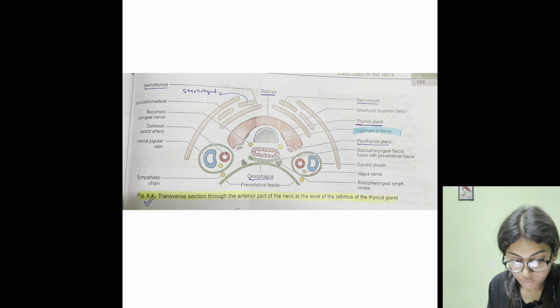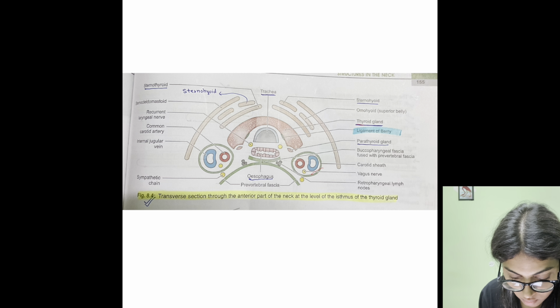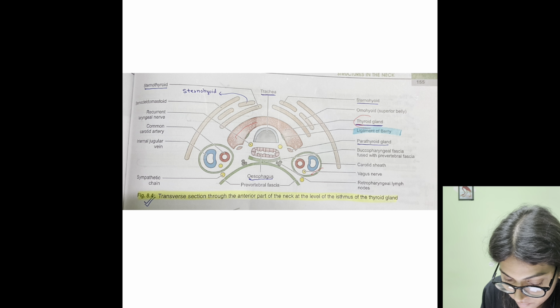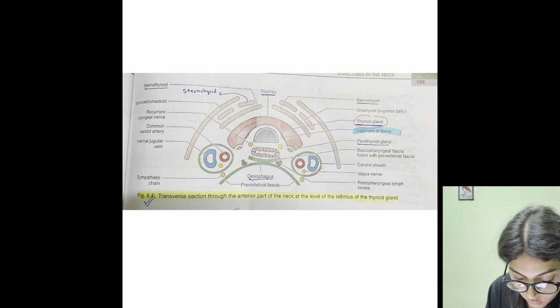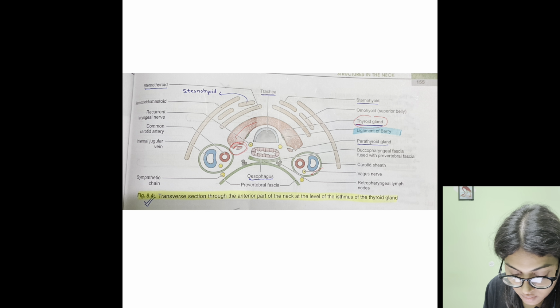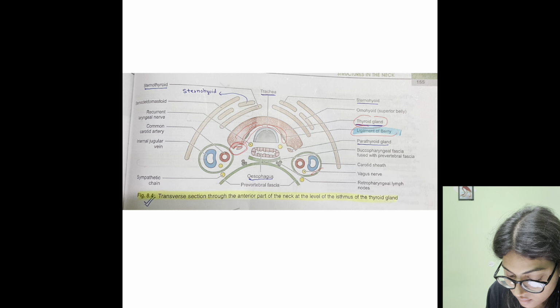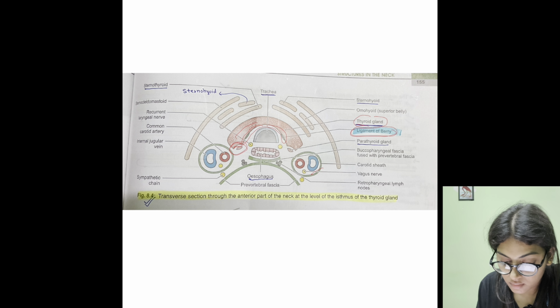If we talk about the relations, this is our thyroid gland, and on the posterior side it is thin, and in the inferior part it is thick, and the suspensory ligament of Berry is present.